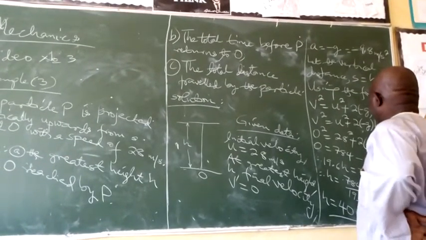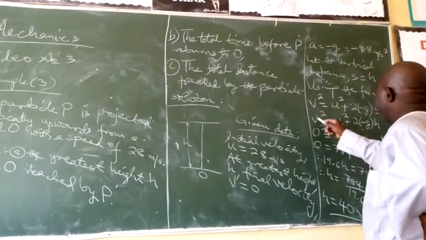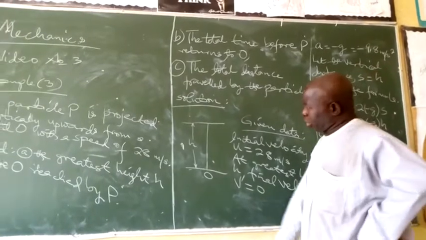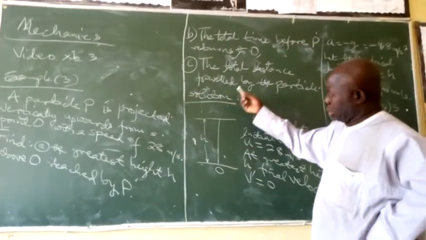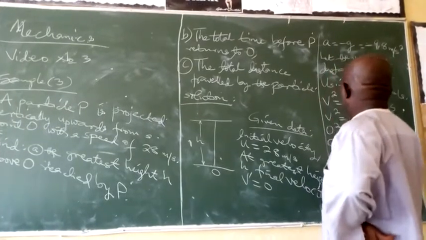V, the final velocity at the highest point, is 0. So the value of V here is 0.